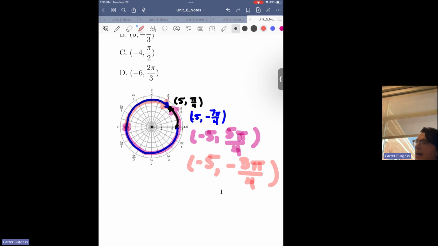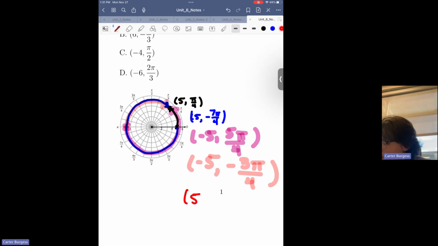Okay. One more way that I want to highlight, this is the way that we've really been doing it up until this point. If I also wanted to just start at 5 and 5 comma pi over 4 and keep the same kind of starting point and the same direction, what could I do to end up at the same point? Yeah, we could just find the coterminal angle here.